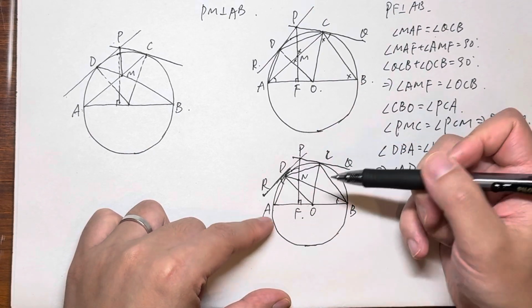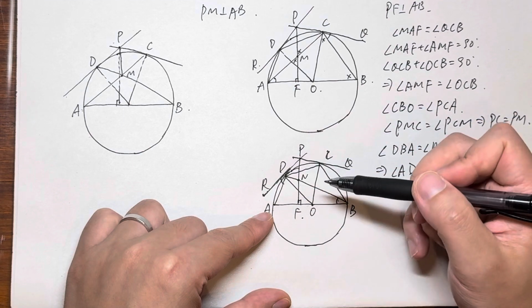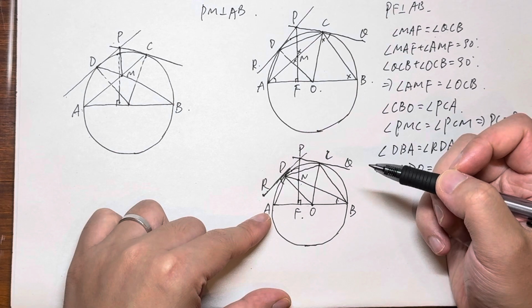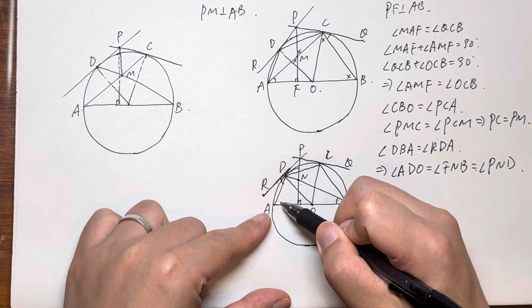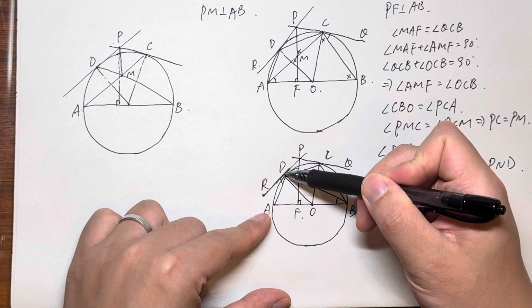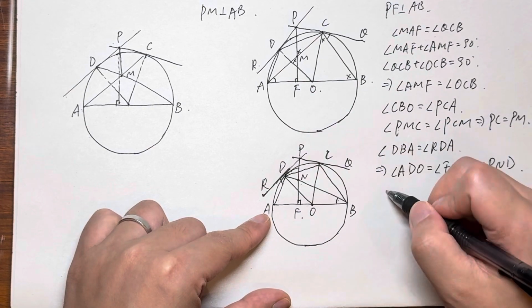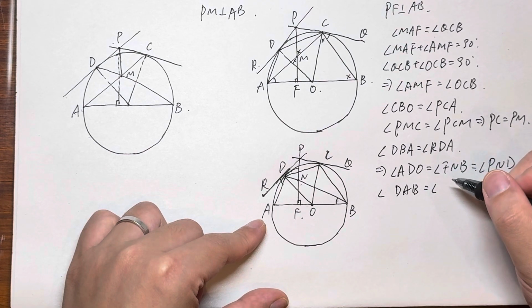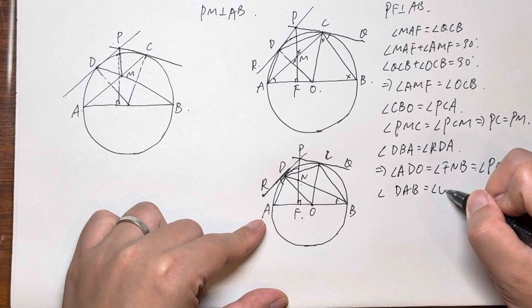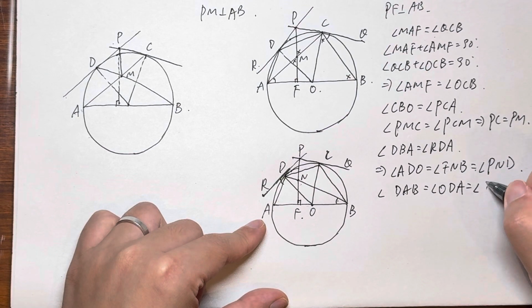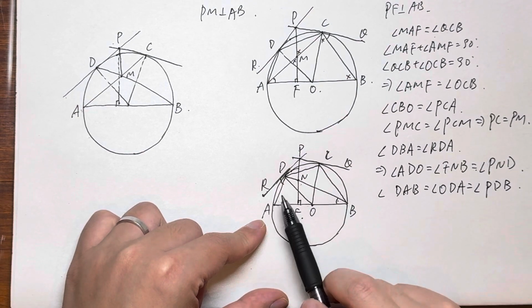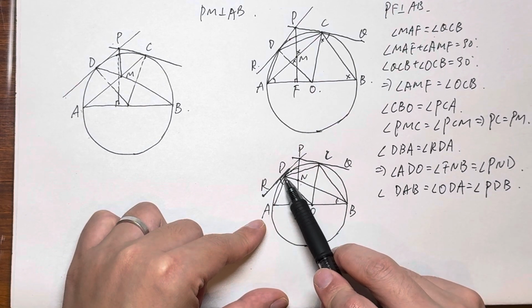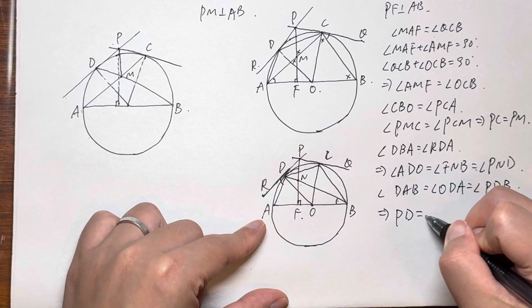And we know that this angle equals to angle PDN, right? The angle DAB equals to angle ODA equals to angle PDB, which means we get angle PDB, that is angle PDN. PDN equals to angle PND, which means PD equals to PN.